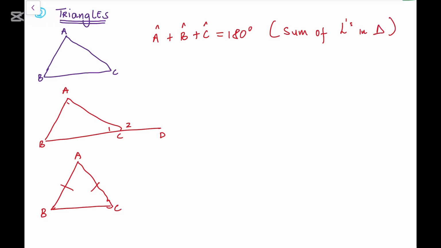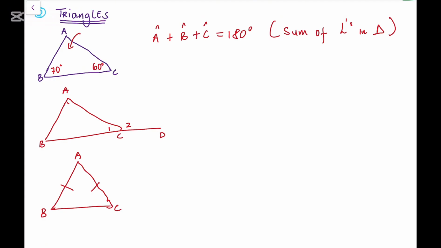For any triangle, if two angles are known, it is very easy to calculate the third one. For example, if this angle here is 70, and maybe this one is 60, you already know that this one must be 50, so that the sum will give you 180.